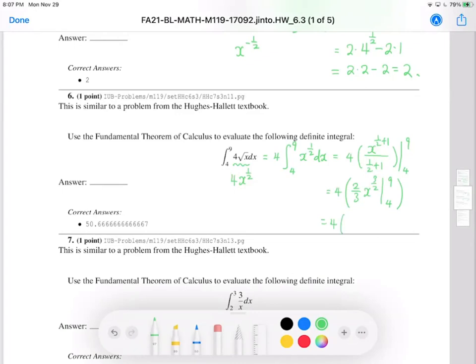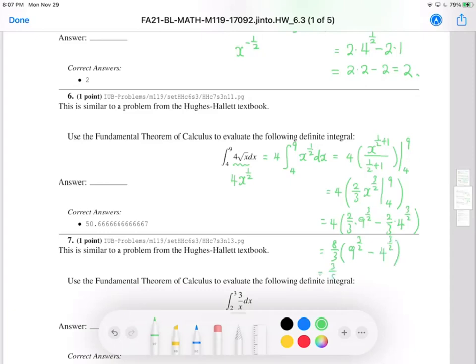So equal to 4 times 2 over 3 times 9 to the 3 over 2 minus 4 to the 3 over 2. So 4 times, with 2 over 3 as the common factor, 8 over 3 times 9 to the 3 over 2 minus 4 to the 3 over 2.